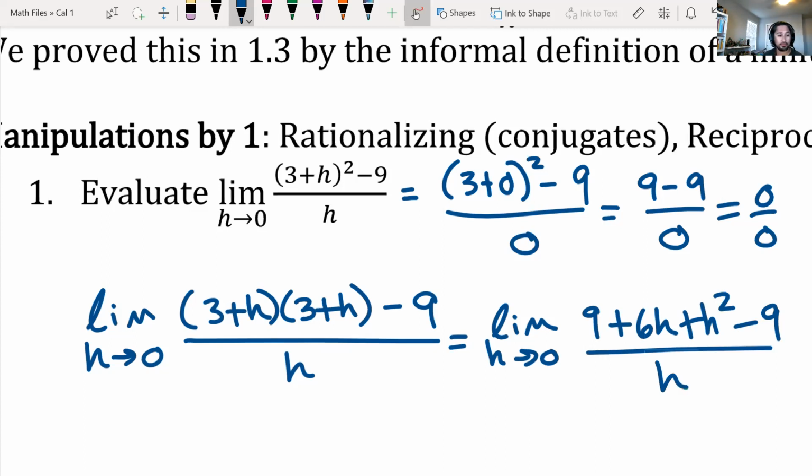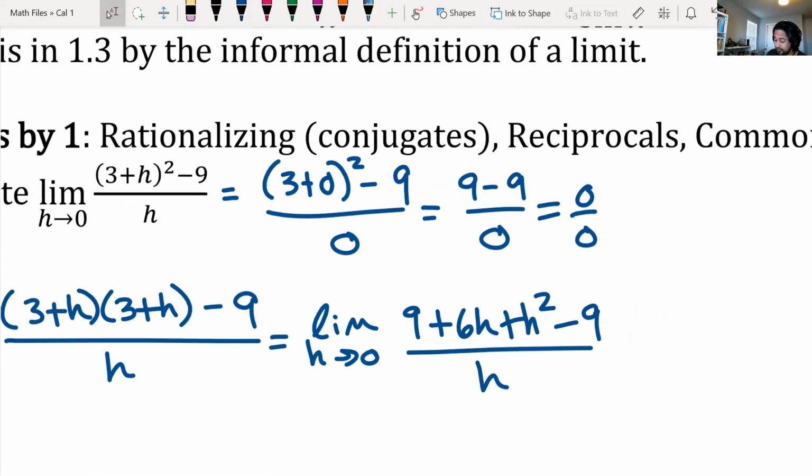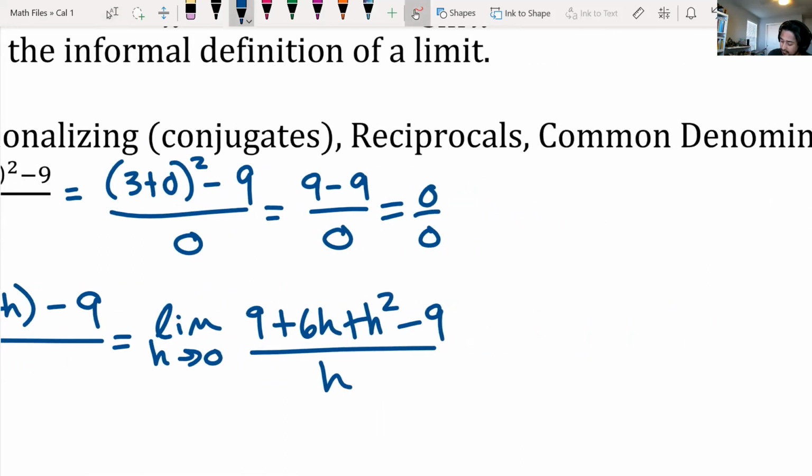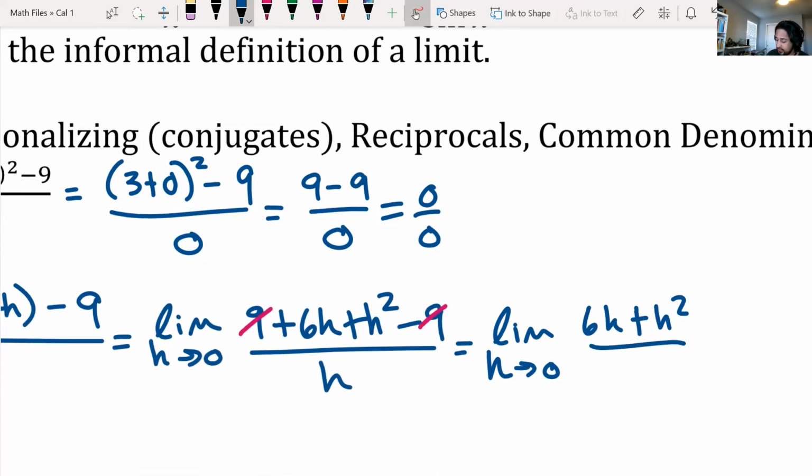Everybody good with that? Yep. And now we're going to simplify more. We have the limit as h approaches 0. What's going to cancel in our numerator? The 9s. And we're left with 6h plus h squared over h.